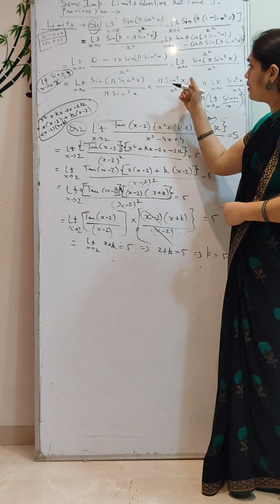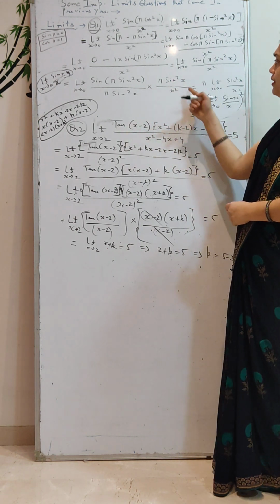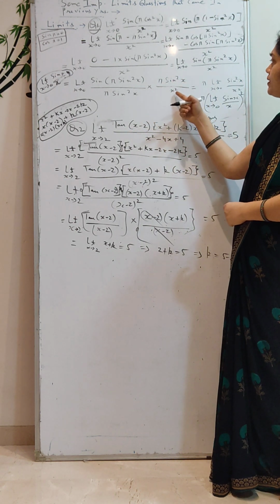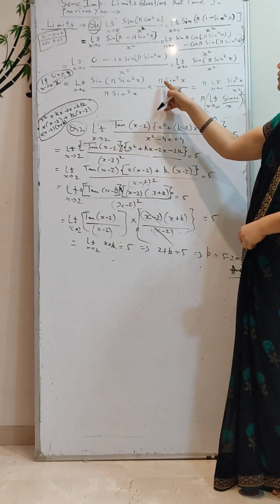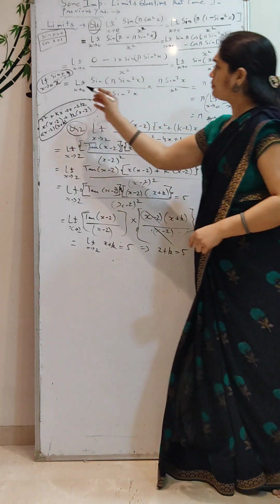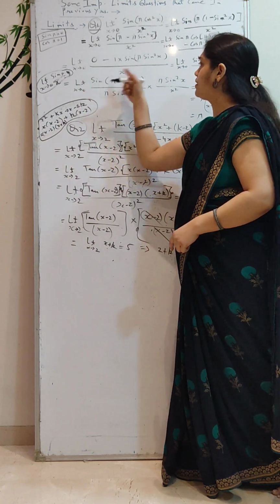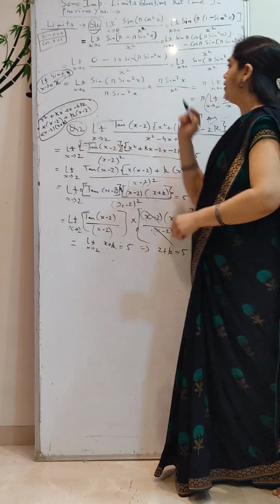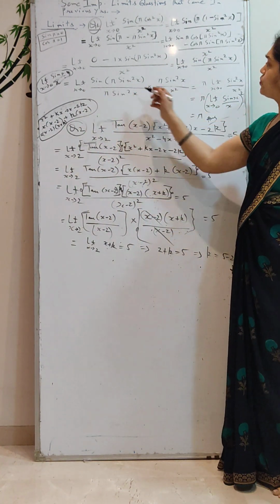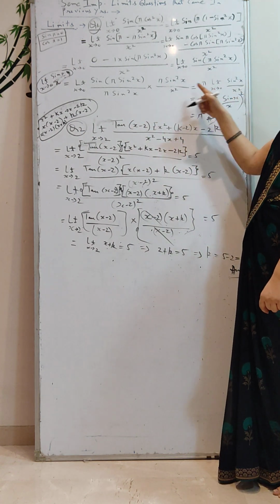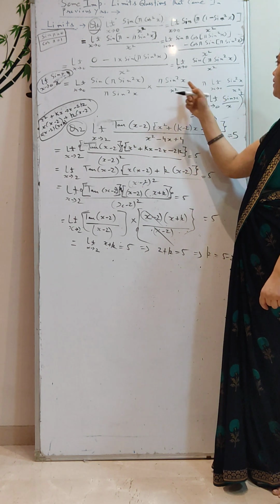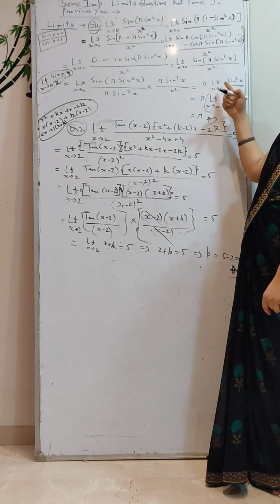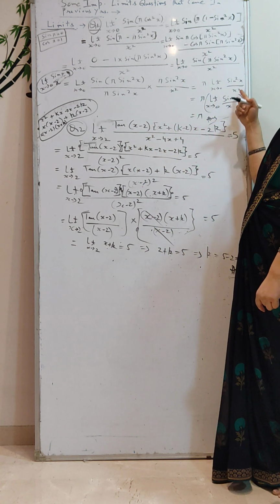The remaining part will be pi sin square x by x square. This whole term sin(pi sin square x) over pi sin square x becomes 1, and we will take the individual limits of this part and this part. Pi is a constant, so it will come out of the limit, and this will turn into limit x tends to 0 of sin square x by x square.